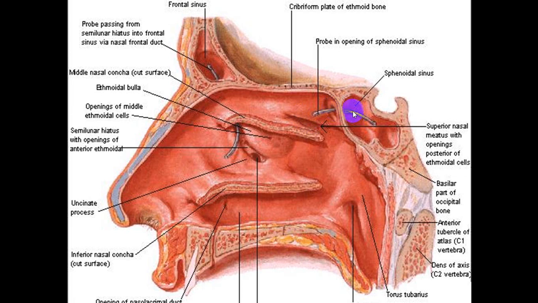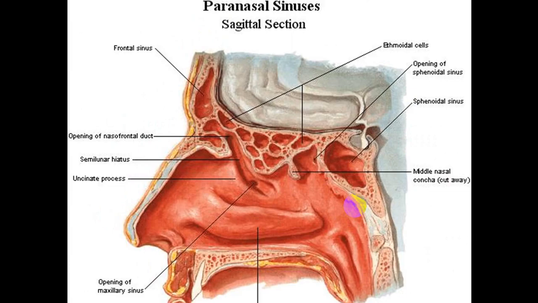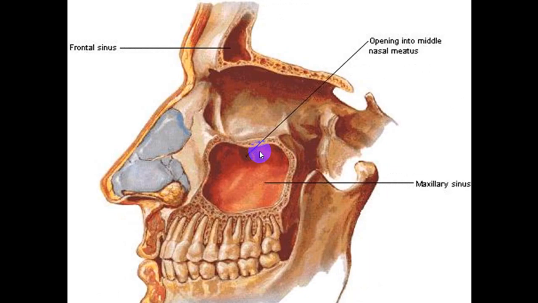The sphenoid sinus opens into the sphenoethmoidal recess, and this is the pituitary fossa, and this is the opening of the Eustachian tube. Another picture shows the anterior ethmoidal air cells within the bulla ethmoidalis. This is the ostium of the maxillary sinus.